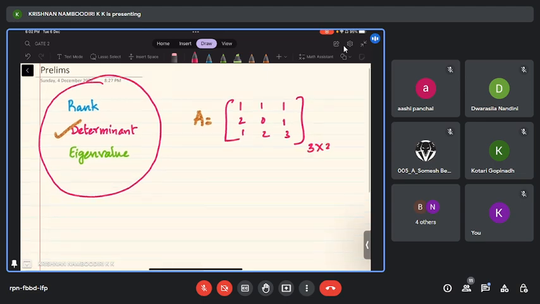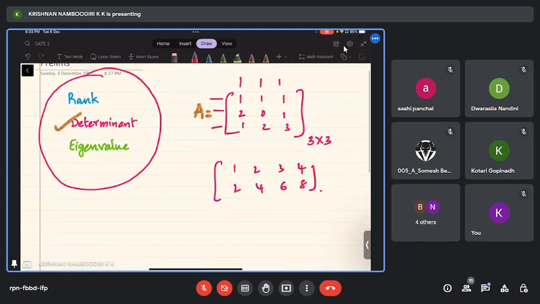This is 3 by 3, right? So 3 rows and 3 columns. Now say this matrix 1, 2, 3, 4, 2, 4, 6, 8. What is the size of this matrix? This is 2 by 4, right? There are 2 rows and 1, 2, 3, 4 columns, correct?